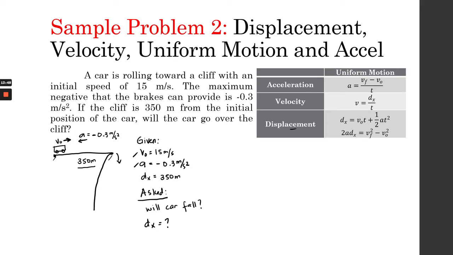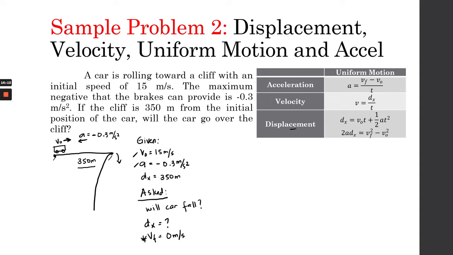And what we are concerned about as well is the assumption that we are looking at dx at the moment that the car's final velocity will be equal to 0 meters per second, the time that the car will stop. So at what distance will the car stop?